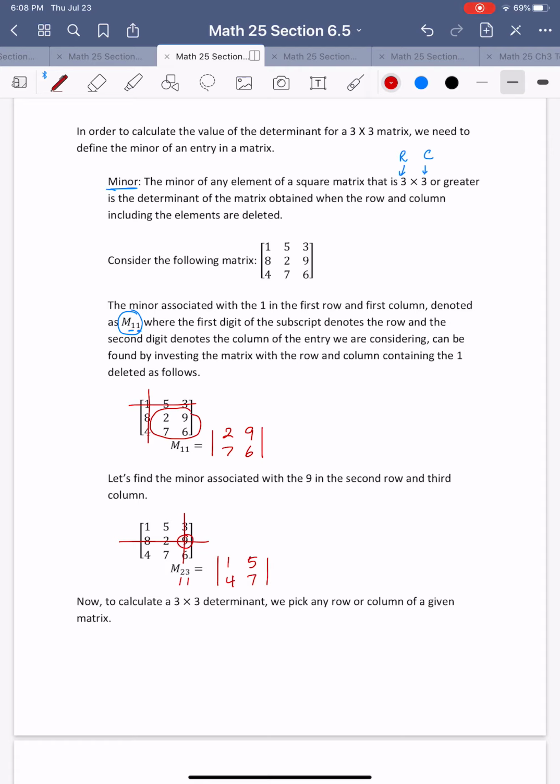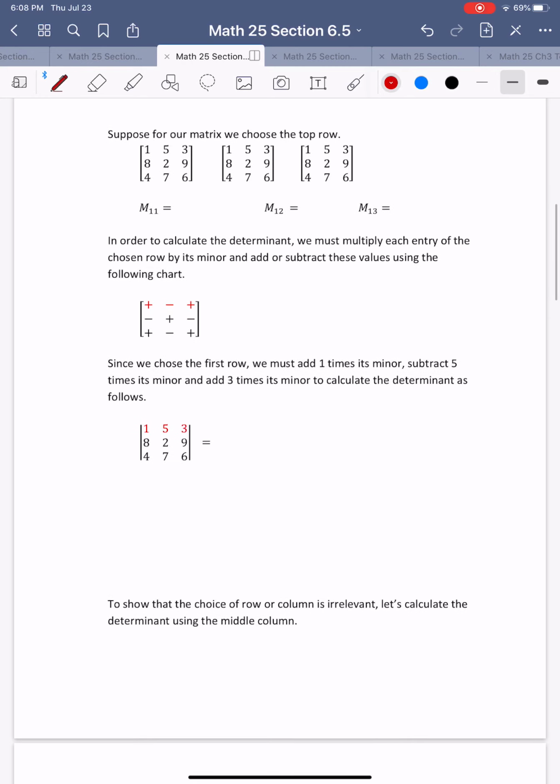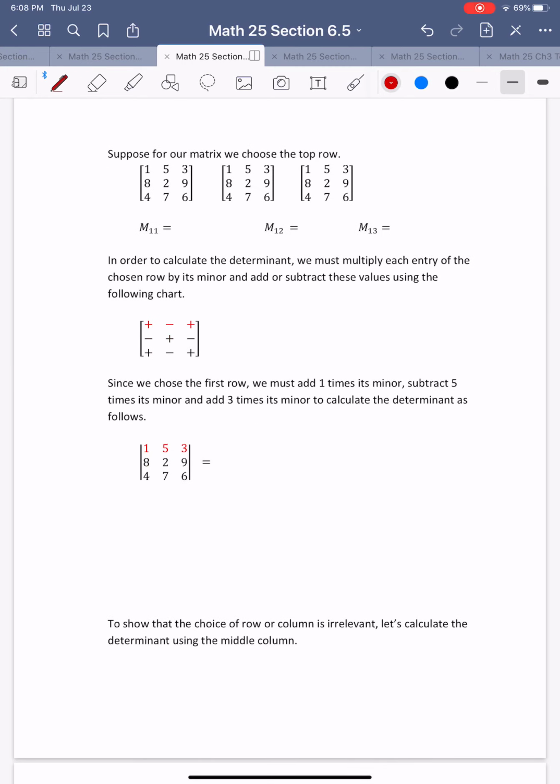Now to calculate the 3 by 3 determinant, we pick any row or column of the given matrix. Suppose for this matrix we choose the top row. The first row and first column is the 1, so we are not using its row and column, and we get 2, 9, 7, 6. Then the first row and second column, which is the 5: we are not using that row and column, so the minor is 8, 9, 4, 6.